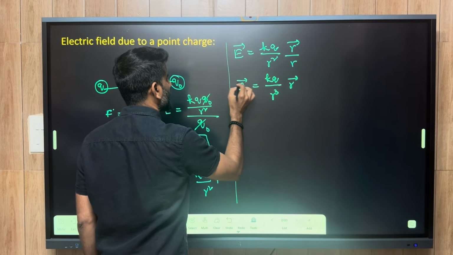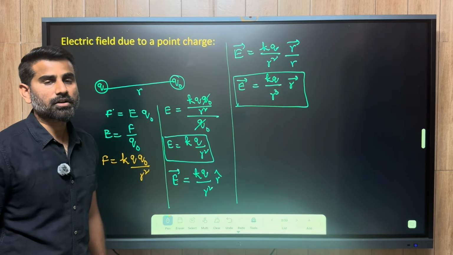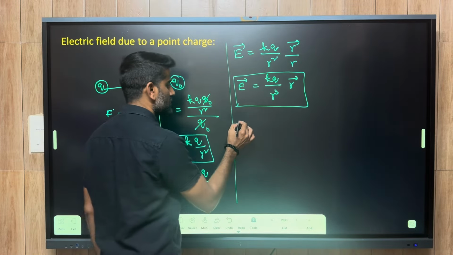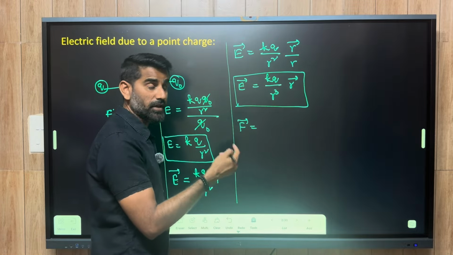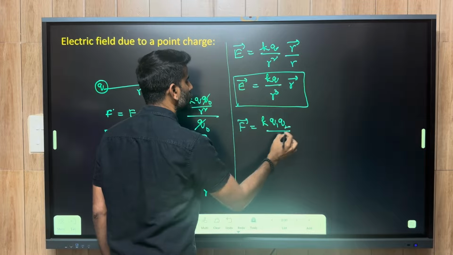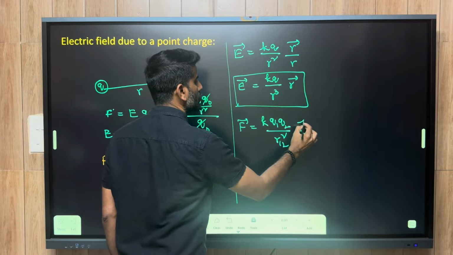The same steps that we followed in the vector representation of Coulomb's law apply here as well. There, we obtained the expression for the force between the charges in vector form as K Q1 Q2 by R12 square into the R12 unit vector.